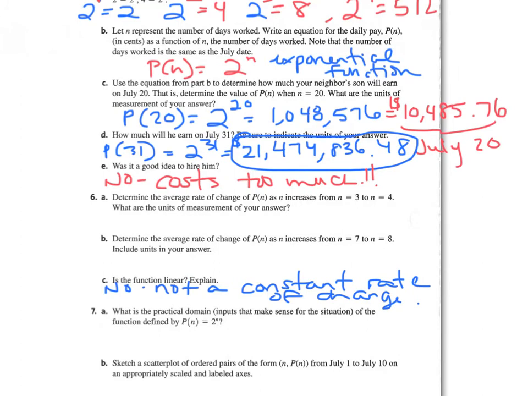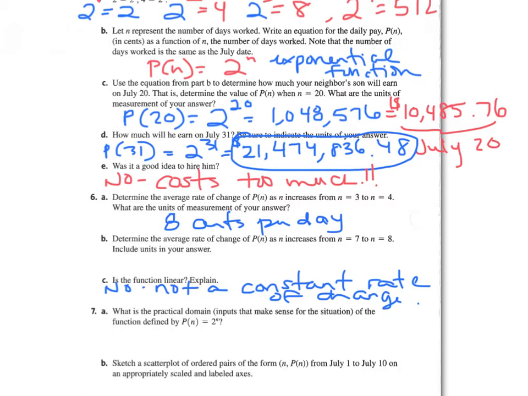Okay, I'm just going to gloss over this a little bit, because I already answered part C by accident before. They're asking us to figure out what the change is from 3 to 4 days. If we look at our table, from 3 to 4, we made 8 cents per day. Day 3, I made 8 cents. Day 4, I made 16 cents.